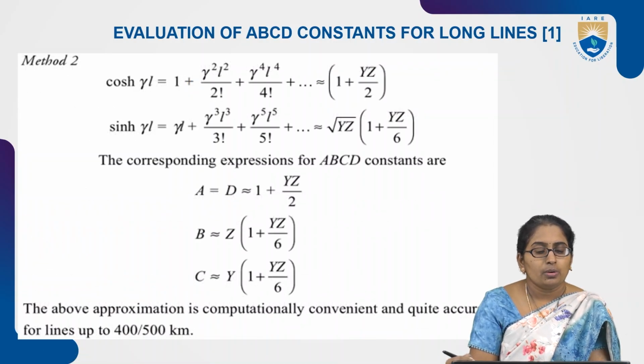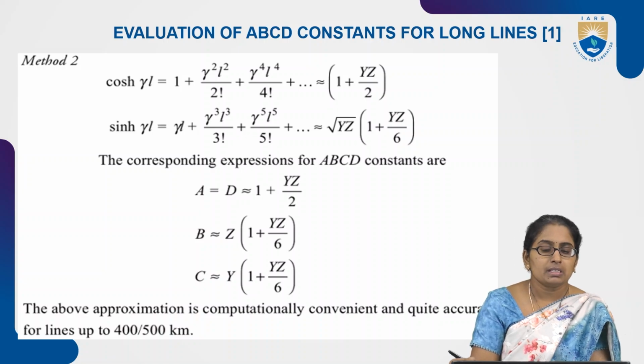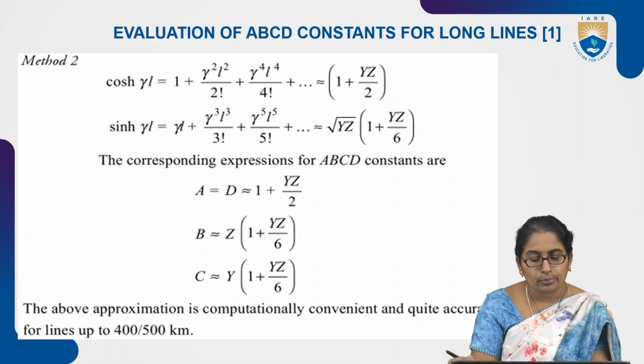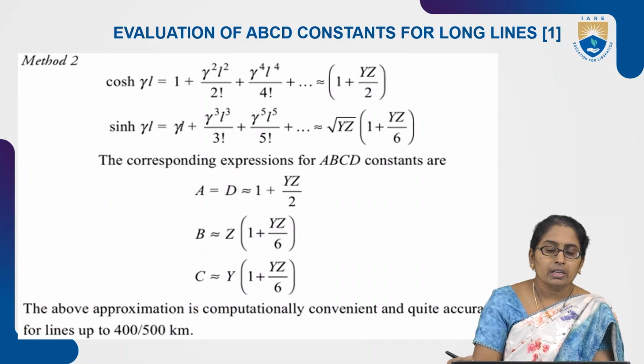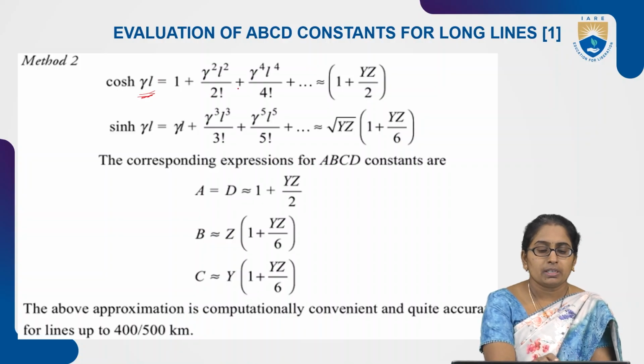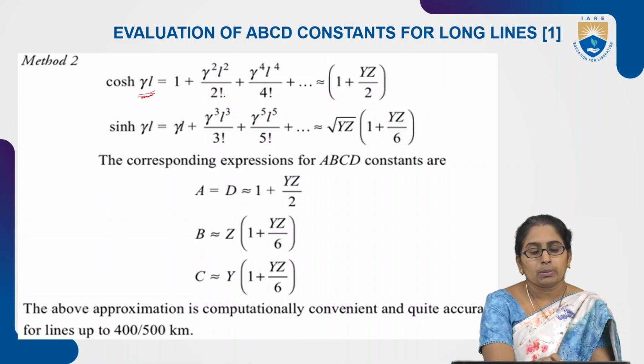Second method: we know that cos h gamma L has another expansion, 1 plus x square by 2 factorial plus x power 4 by 4 factorial. Here x means gamma L, so 1 plus gamma square L square by 2 factorial.